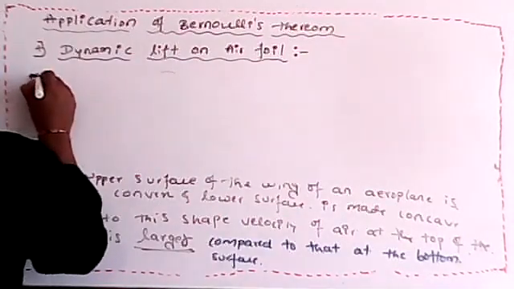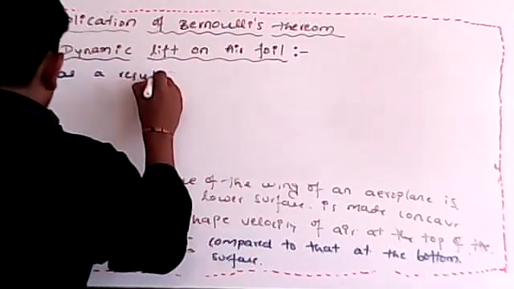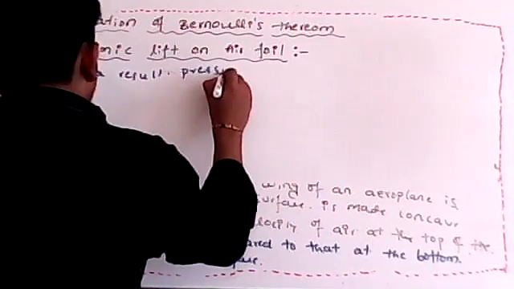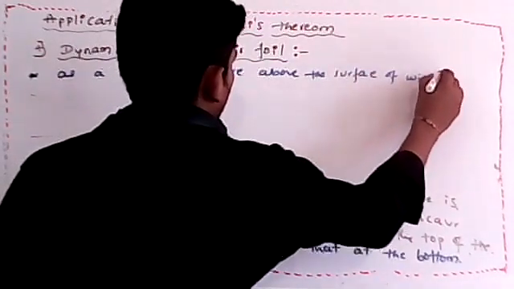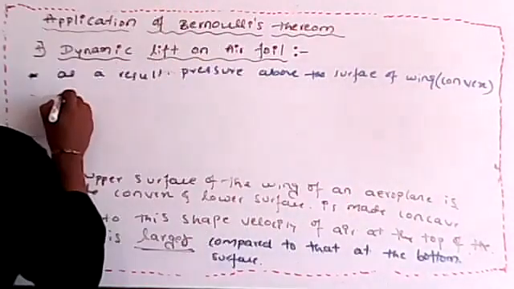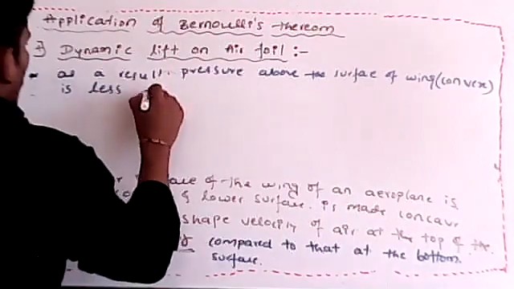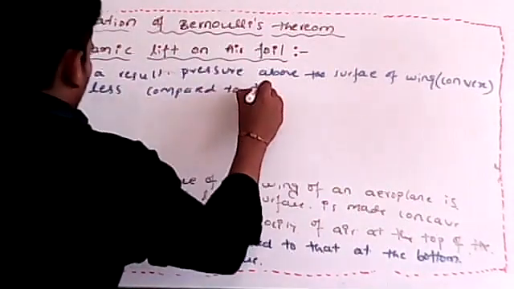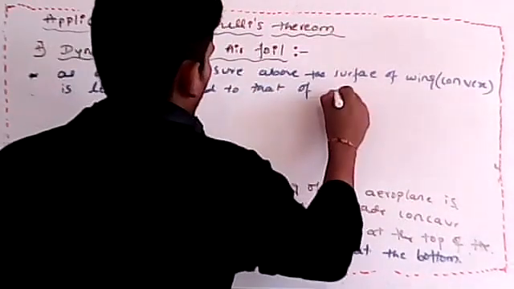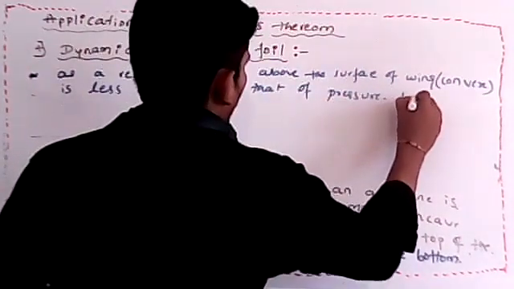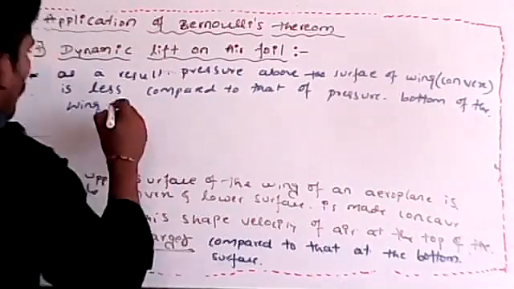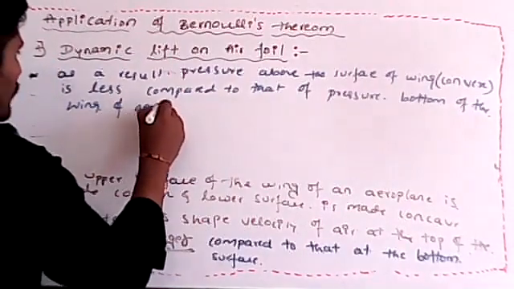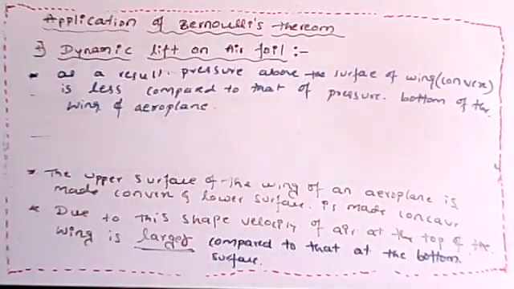The last point: as a result, the pressure above the surface of the wing, that surface which is convex, is less compared to the pressure at the bottom of the wing of an aeroplane. So these are the 3 points you must remember, students.